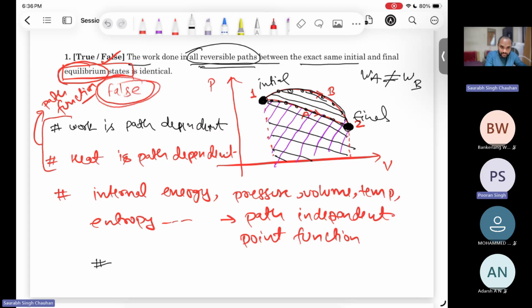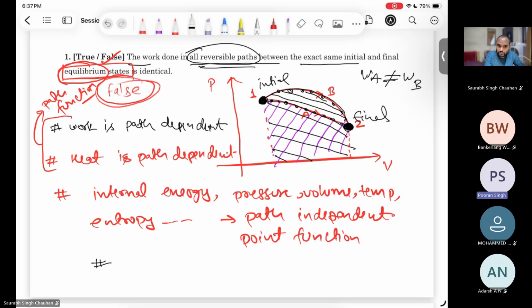But in between state 1 and state 2, the system can be in equilibrium or not. If the system always remains in equilibrium when we move from state 1 to state 2, then it is reversible. But if at any point this equilibrium is lost, then the path is irreversible.